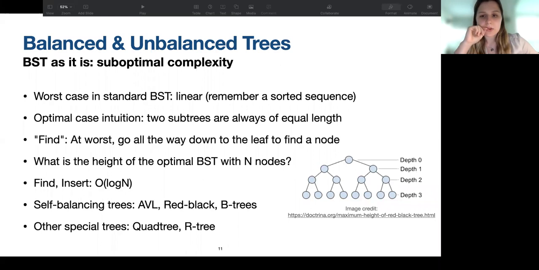So given this tree, which has, let's say, n elements, what would be the complexity of the find operation in this case? Let's have a think. What's the worst case in this scenario? At worst, you need to go down all the way to the leaf to find a node.